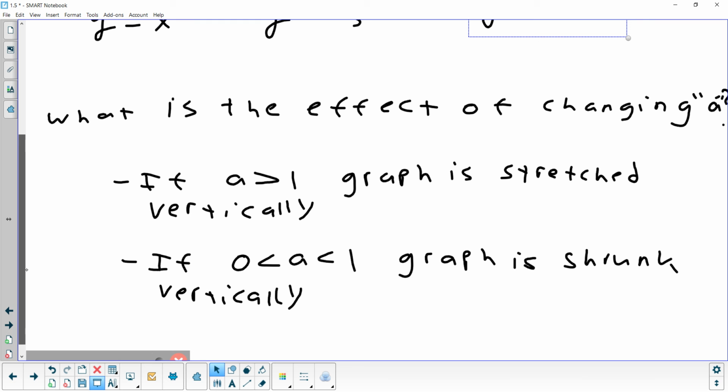If you put in a number in front of the x squared that's between 0 and 1, that's going to cause your graph to compress vertically. It's going to get squished down, which has the effect of making it look wider.